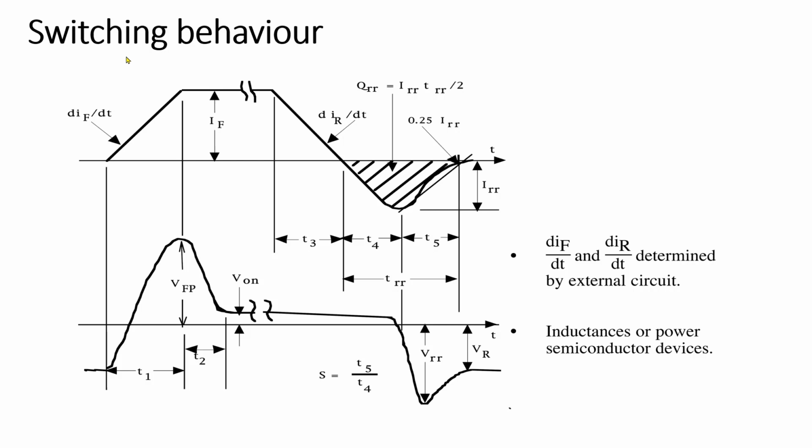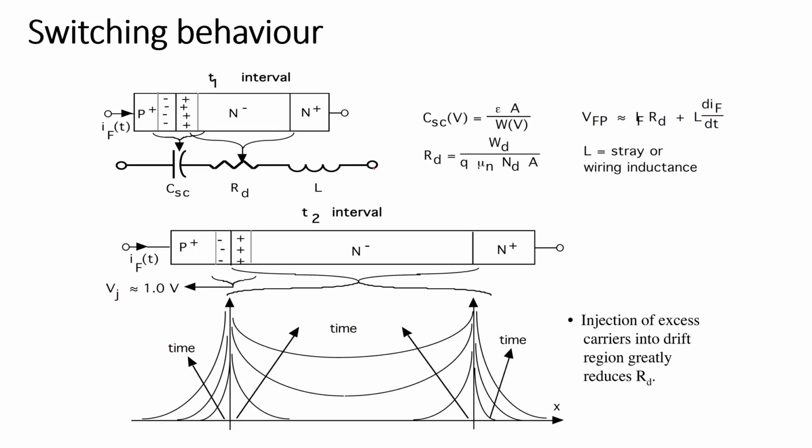Let us now discuss the switching behavior of the power diode. Now suppose that this is our diode and it is not biased, that means no forward or reverse bias voltage is applied on this.